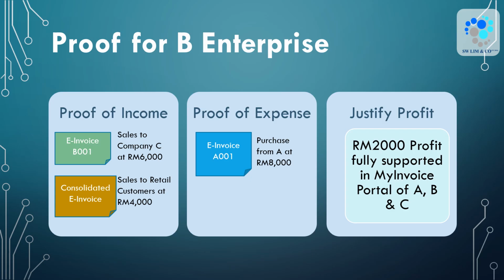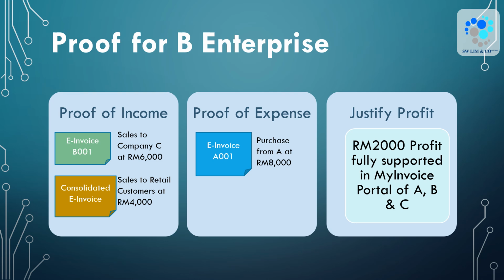For the proof of income, B Enterprise has invoice B001 that has been issued to company C. And for the remaining 4,000 ringgit of 10 normal invoices, one consolidated e-invoice will be generated and uploaded to the MyInvois portal.